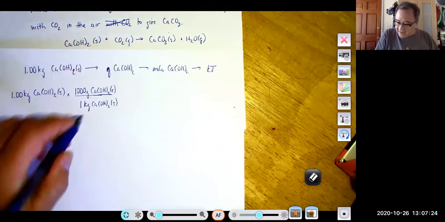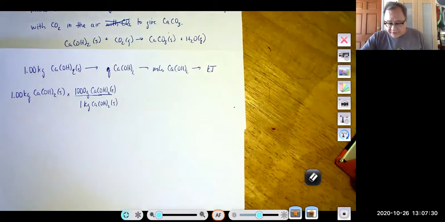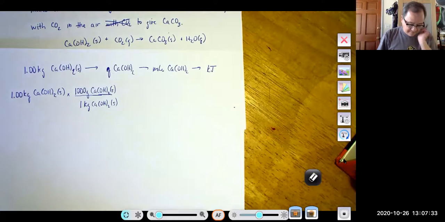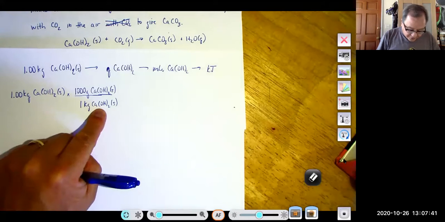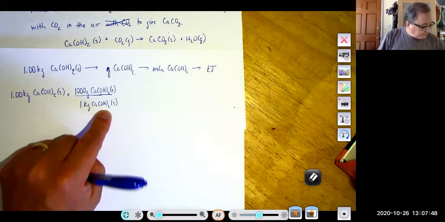And the molar mass of calcium hydroxide, I have to figure out very quickly. Calcium is 40.08. Oxygen is 16, and two of them would be 32. Hydrogen is 1.01.